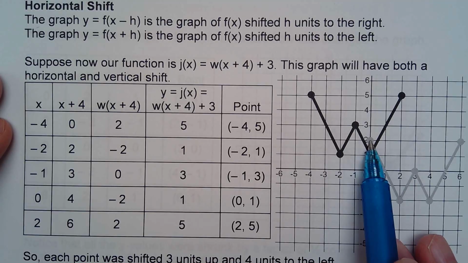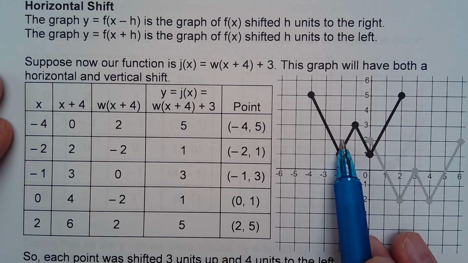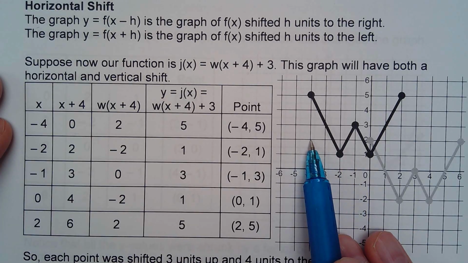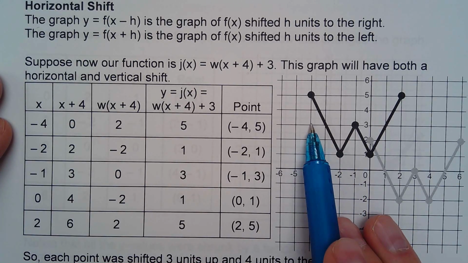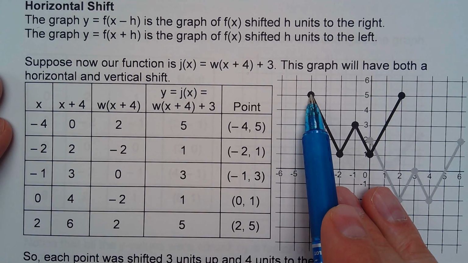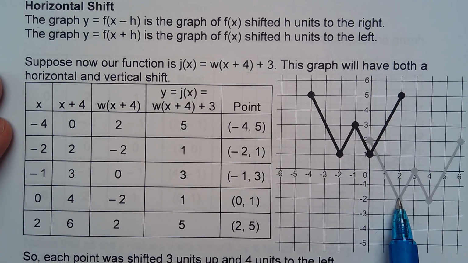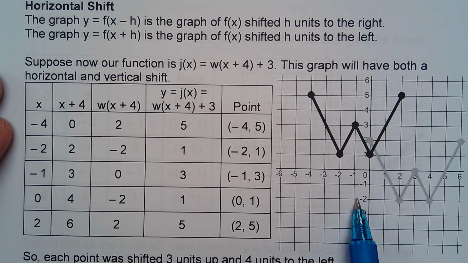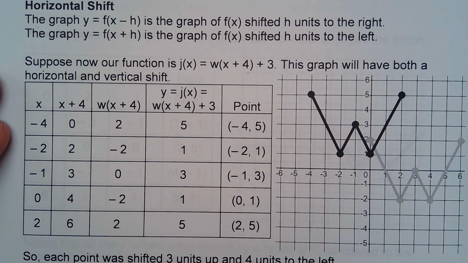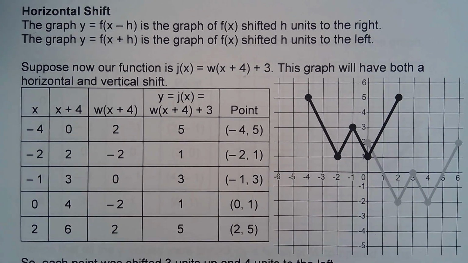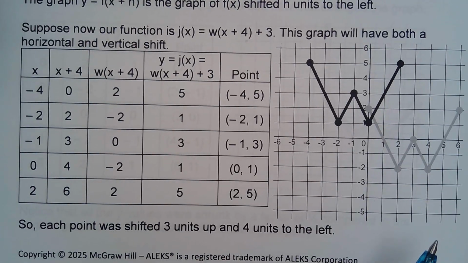If I take this point here, I shift it 4 to the left, 1, 2, 3, 4, and then I go up 3, 1, 2, 3. Boom, there it is. This point here, I'm going to shift to the left 4, 1, 2, 3, 4, and then up 3, 1, 2, 3. So in this graph, each point was shifted 3 units up and 4 units to the left.